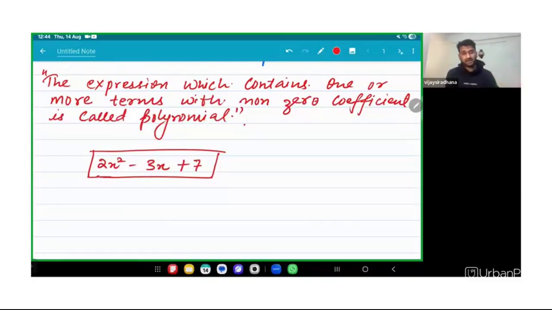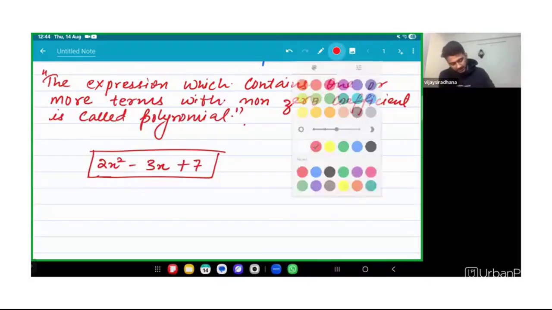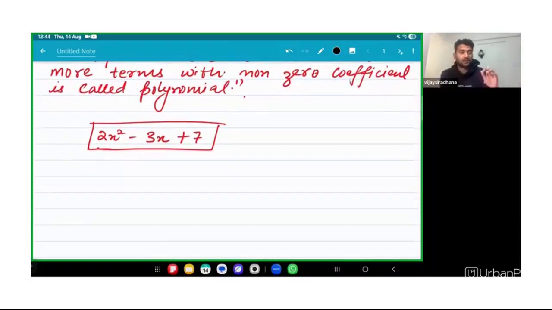Now let's break it term by term, coefficient by coefficient, and variable by variable. In this, students, you will see that there are four things. The first one is 2, 3. What are those? They are known as the coefficient.